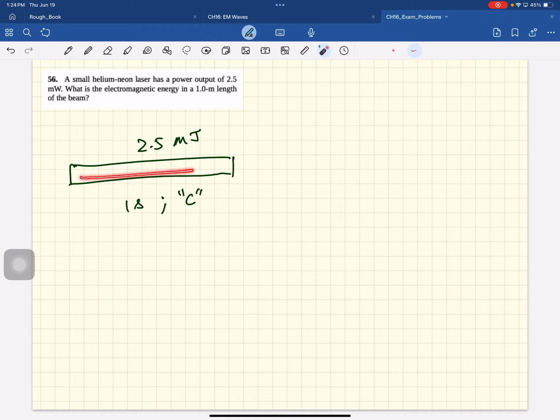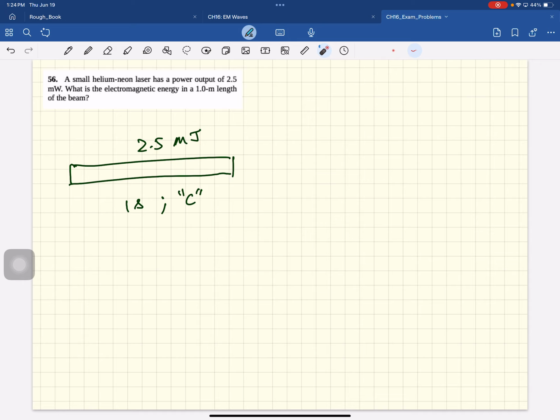So this beam has 2.5 millijoules per second, which is milliwatts. Okay. So you use this laser, shine it for 1 second and turn it off. And so the length of the beam is equal to that. That's the length of the beam you emitted in 1 second. And the energy contained is 2.5 millijoules, right?